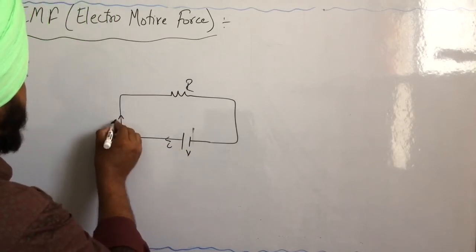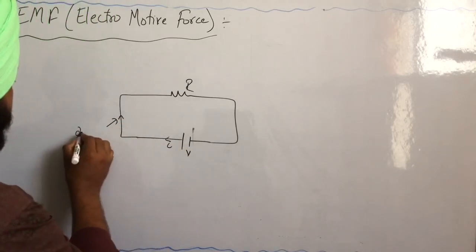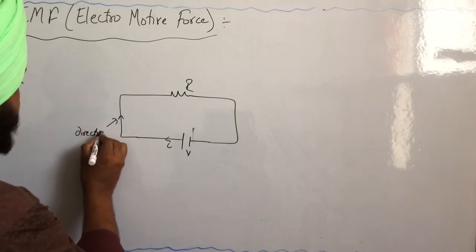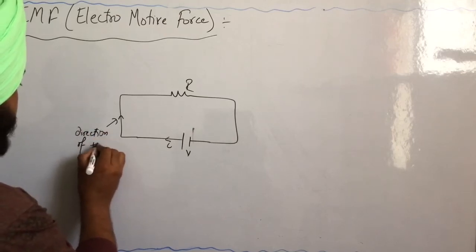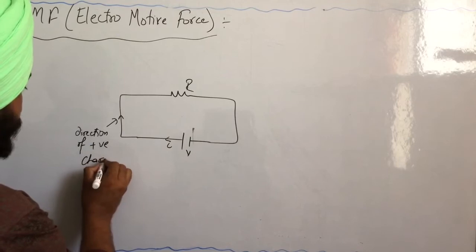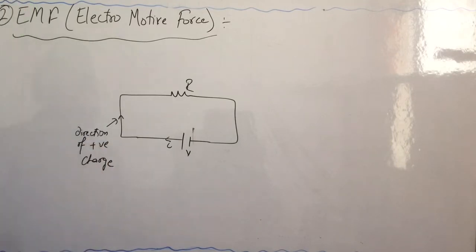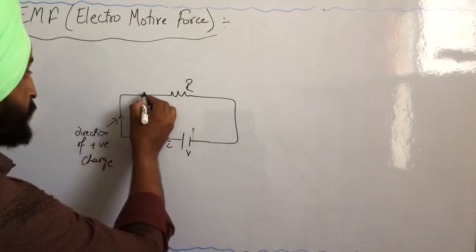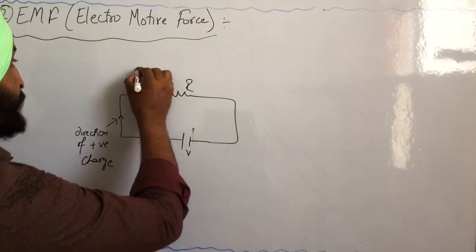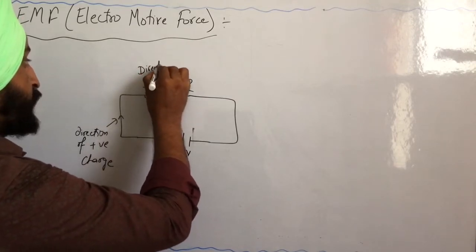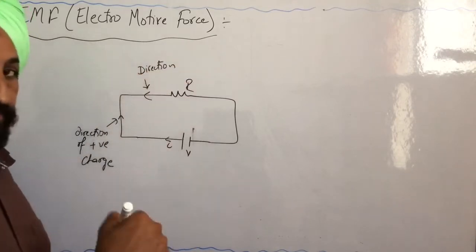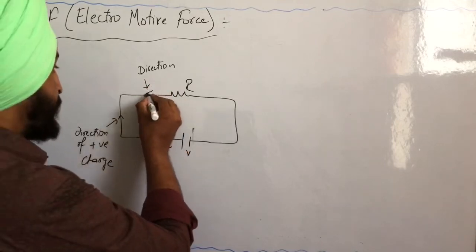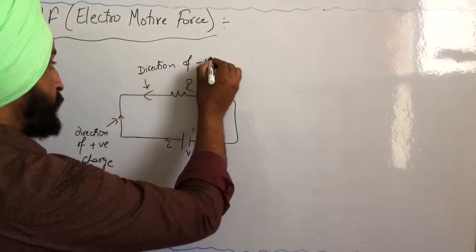So this is the direction of positive charge. What will be the direction of negative charge? The direction of negative charge is opposite to the flow of current. So this would be the direction of negative charge.